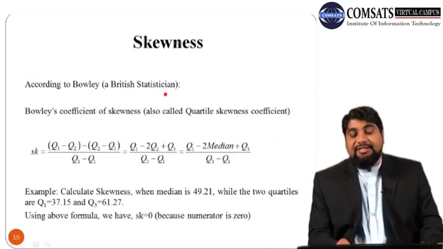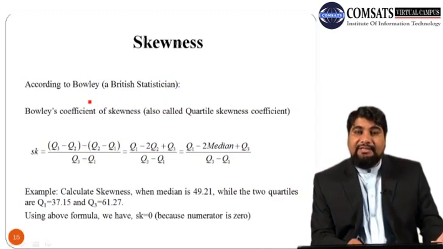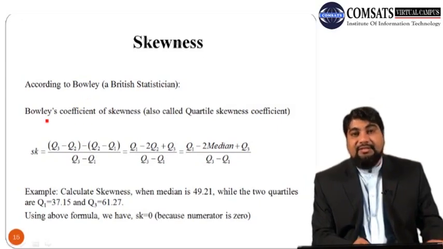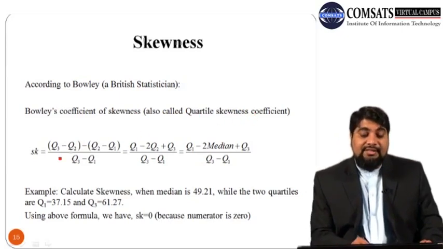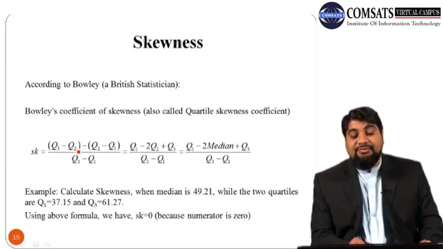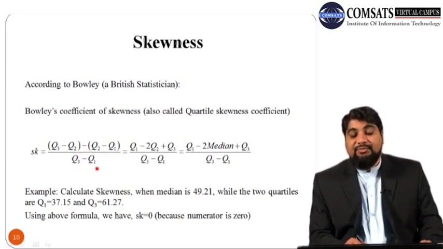So a British statistician, Bowley, provided another variant of the measures of skewness. Another formula provided by Bowley is known as Bowley's coefficient of skewness, which is also called quartile skewness coefficient, and this is Q3 minus Q2 minus Q2 minus Q1 whole divided by Q3 minus Q1.